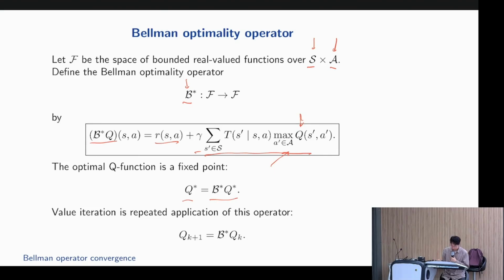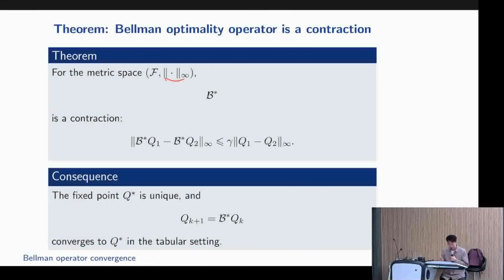Okay? So value iteration is just repeated application of this operator on our 2D array. So here's the theorem. We claim the Bellman optimality operator is a contraction mapping.